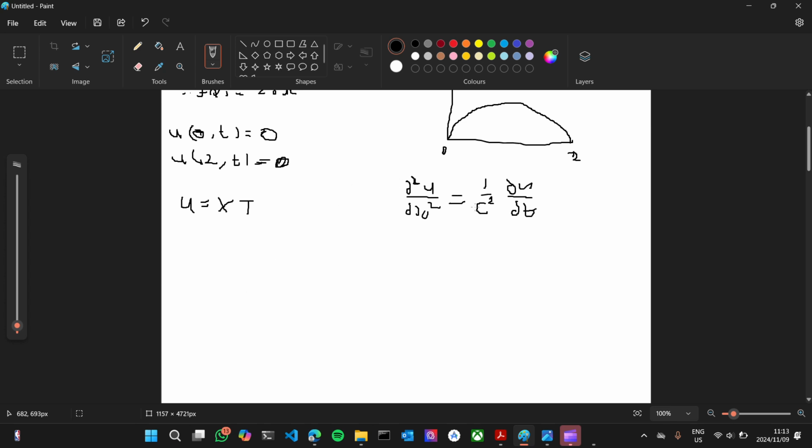Okay, so now we can represent this using this symbology, but first we just need to differentiate that. So get the partial differential in terms of x.